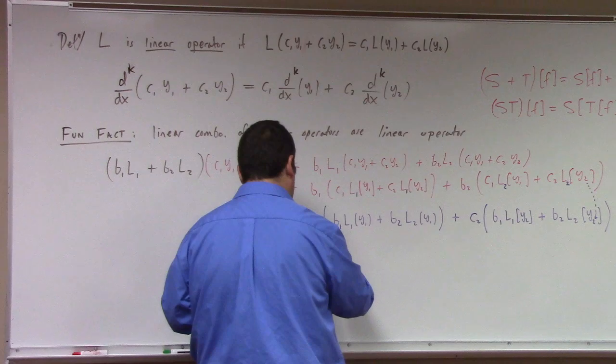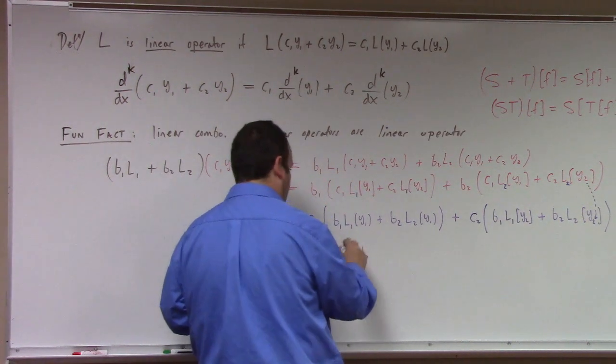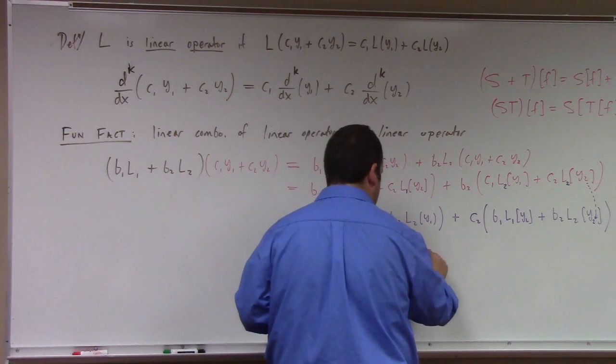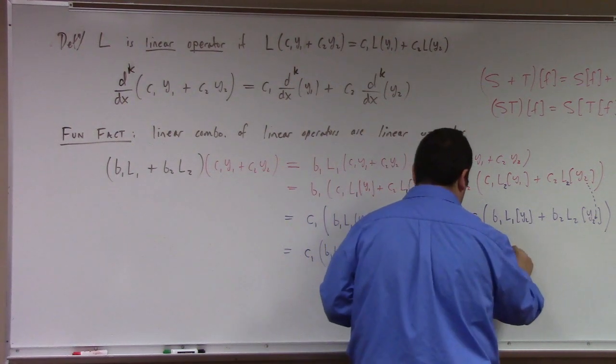So this is C1 times B1L1 plus B2L2 acting on Y1 plus C2 times B1L1 plus B2L2 acting on Y2.